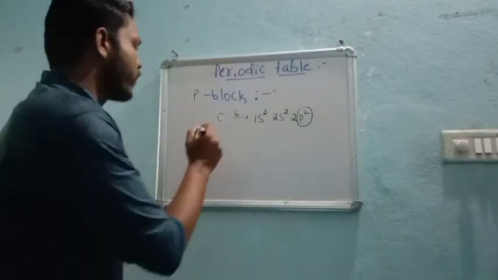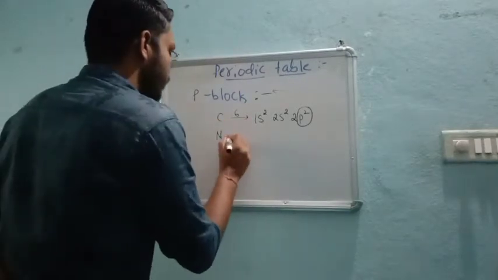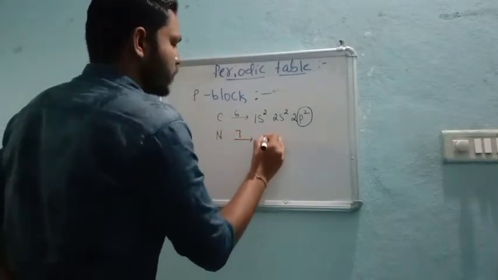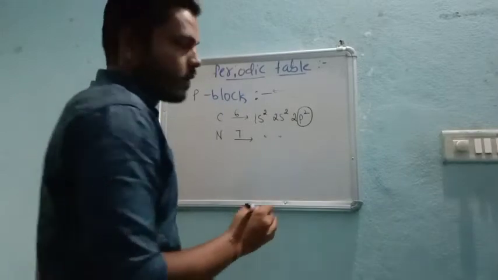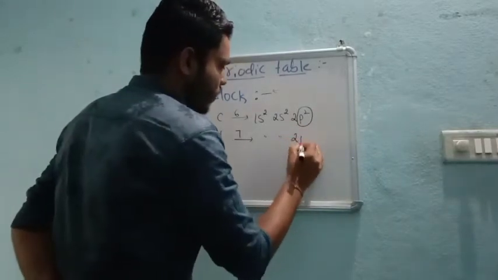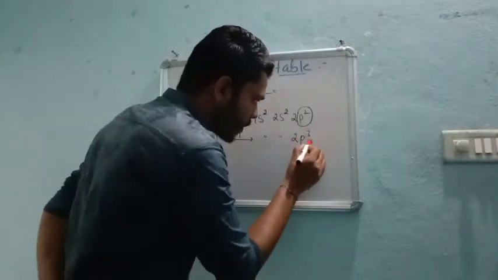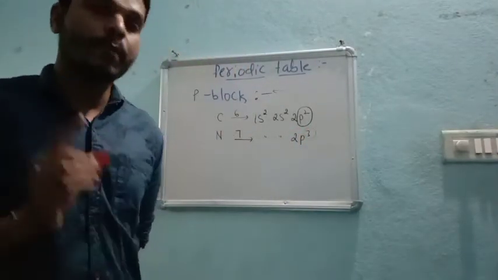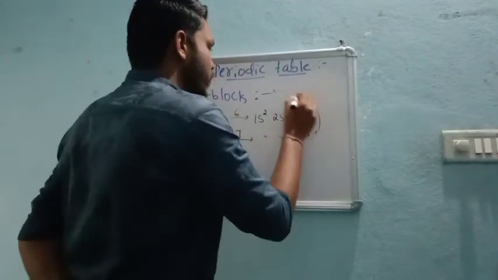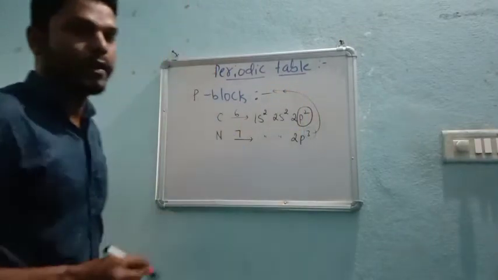In the same way, nitrogen is 7. These two are the same, just one electron increased, so here also the last or differentiating electron is entering into the p subshell. So nitrogen also belongs to the p block.